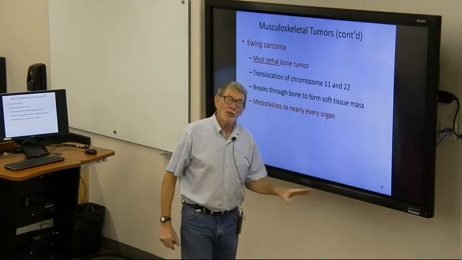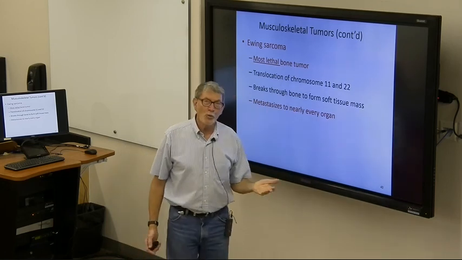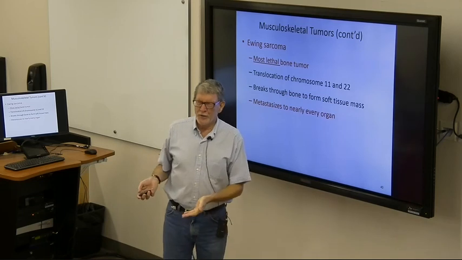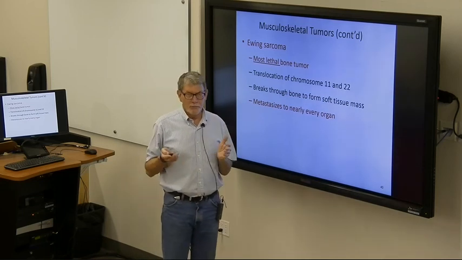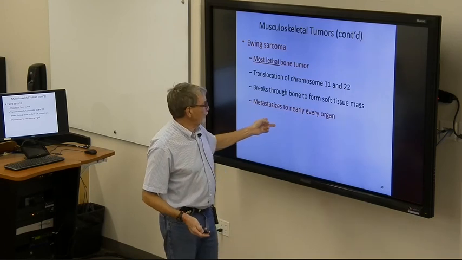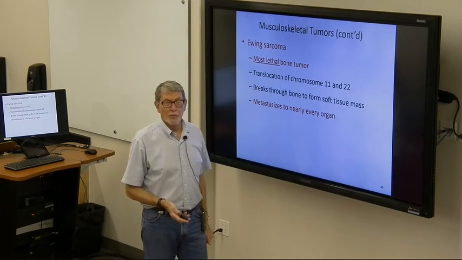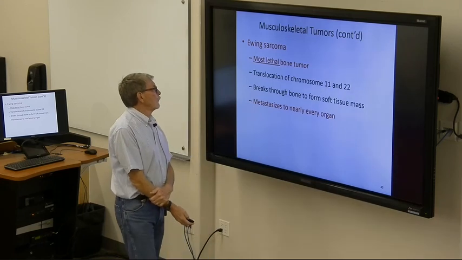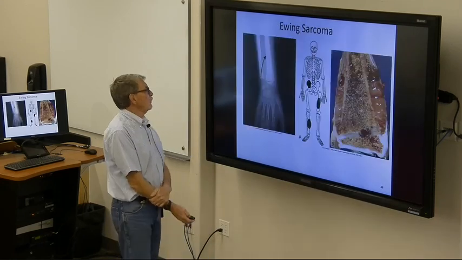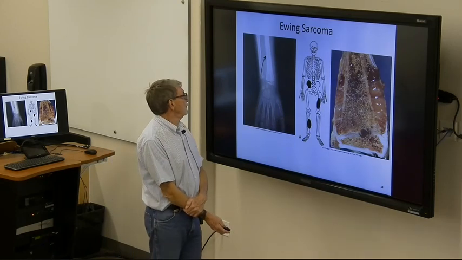It doesn't mean you shouldn't know some of these things, but you should know what a Ewing sarcoma is. It's a fairly common childhood cancerous tumor, and it's extremely dangerous because it metastasizes very quickly and goes everywhere through the body. Ewing sarcoma.